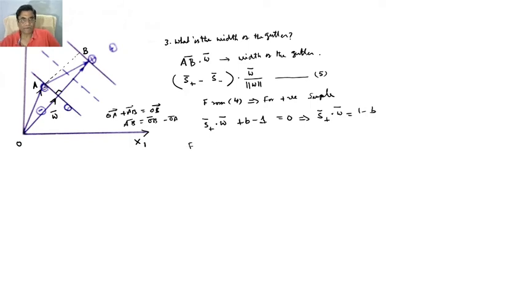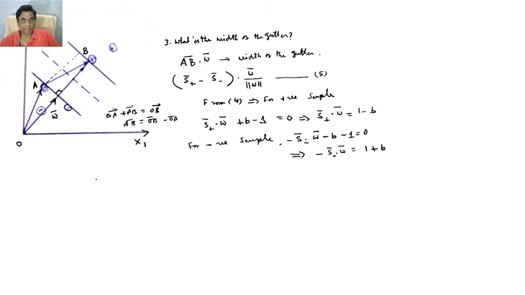For a negative sample, that indicates minus w dot x equals 1 plus b.